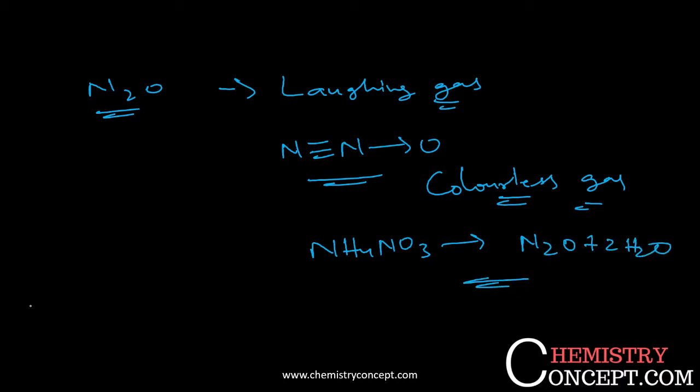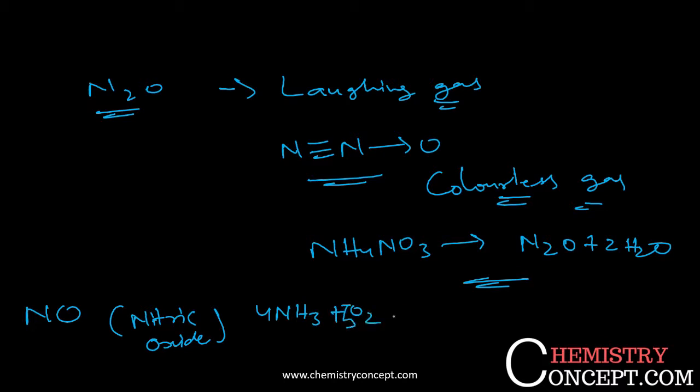And next we will talk about NO, nitrogen monoxide, also known as nitric oxide. It can be prepared by reacting ammonia in the presence of oxygen, in the presence of platinum at high temperature.